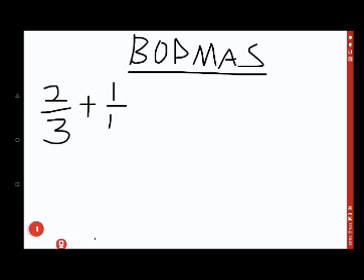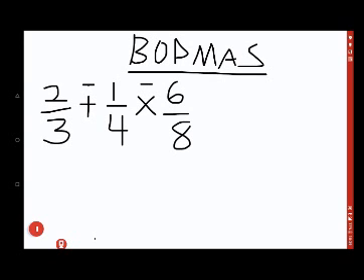Then you add on the earlier portion, that is 2 over 3. So you have 2 over 3 plus 3 over 16. Now at this point, you have only one sign left, and the sign is addition. And remember, we said that when you have an addition sign, you find an LCM. So our first step will be to find the LCM for 3 and 16. The easiest that comes to mind is 3 times 16, that is 48.